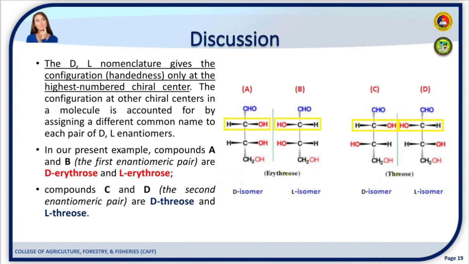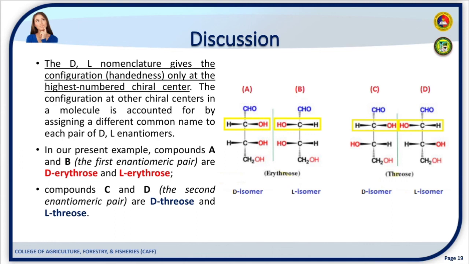This means that hydrogen has the lowest priority, and the highest priority among the substituents is the OH group. Therefore, between CHO and CH2OH, the higher priority is the CHO, which is the carbonyl group, specifically an aldehyde group. So that is how you determine which molecule is the D isomer and the L isomer.